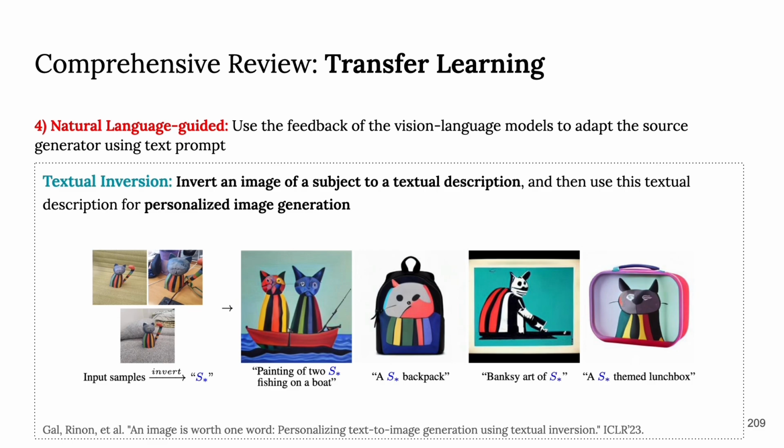So they get S star, which is a text embedding in this embedding space. Once they learn this S star, they can attach it to any text prompt and generate new images. For example, we can have a painting of two S star fishing on a boat, or an S star backpack. As we discussed before, this is a subject-driven generative modeling task.